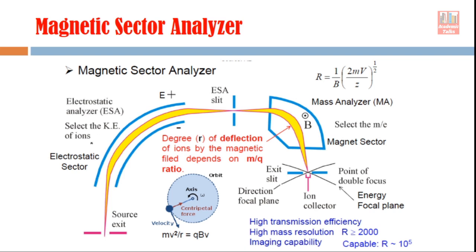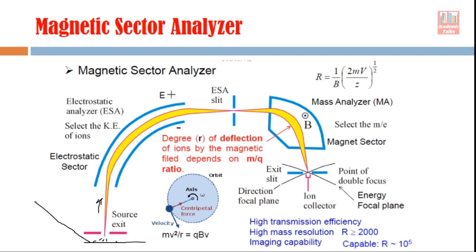You can see here in this slide, the sample is somewhere here, right? So when the primary ion beam is striking the sample, the secondary ions will be ejected out from the sample, and these secondary ions are focused in the form of a beam, and they come out of the source exit, right? So these are secondary ions which are going like this.